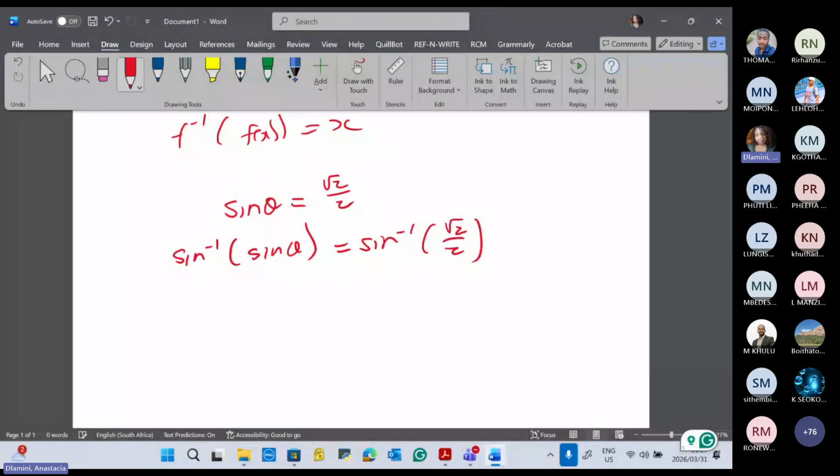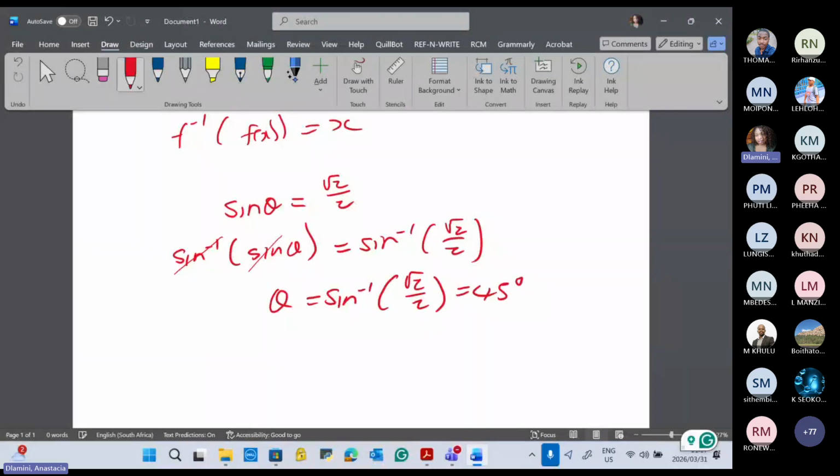Because of the inverse property, the arcsine and the sine cancel, and you're left with theta, which equals the inverse of sine √2/2, which equals 45 degrees. So the property of the inverse of a function is very important that you understand it and know it.